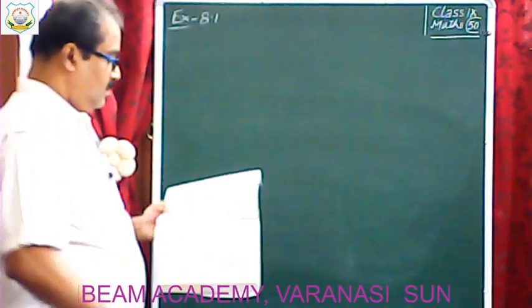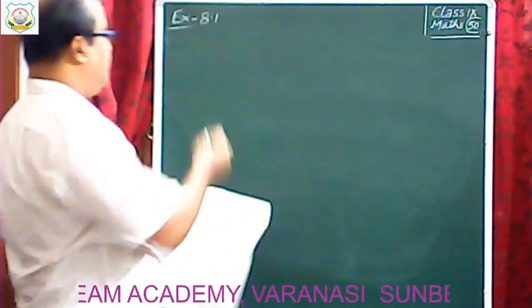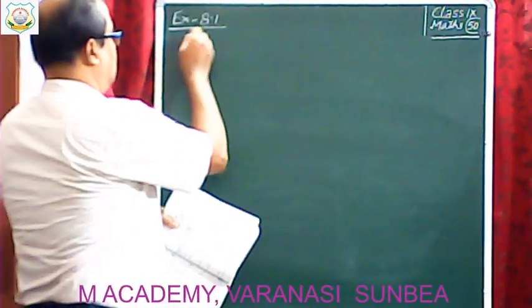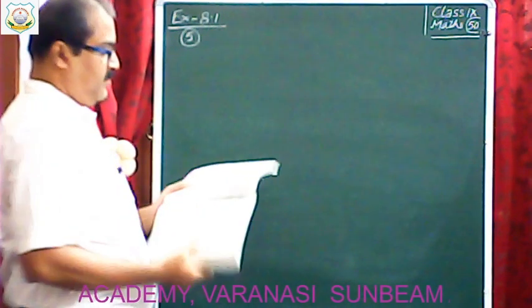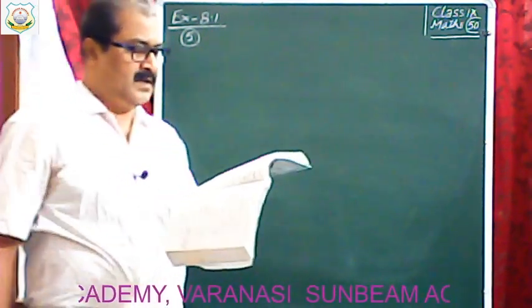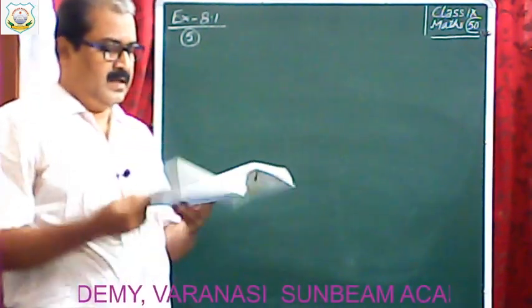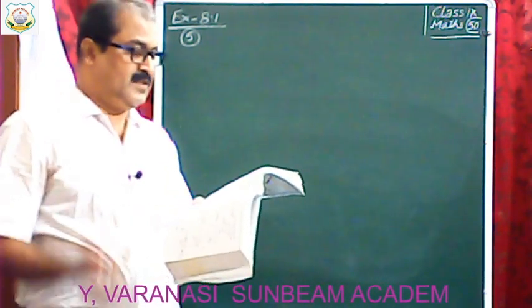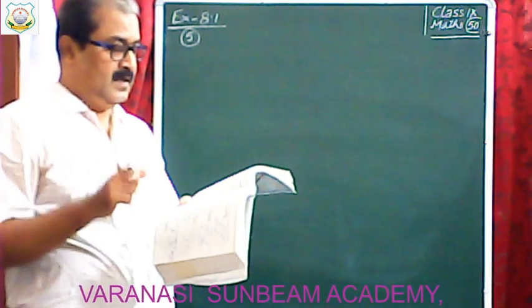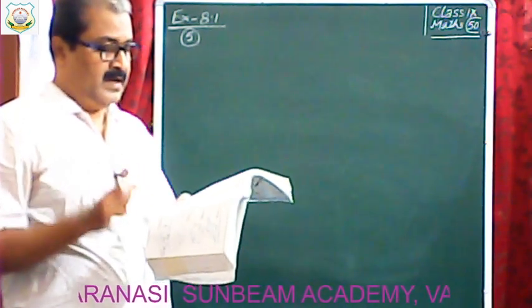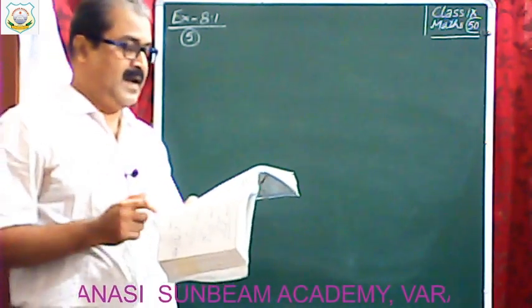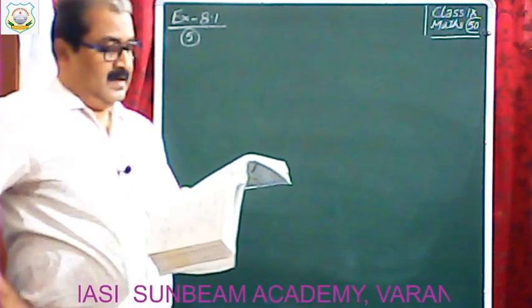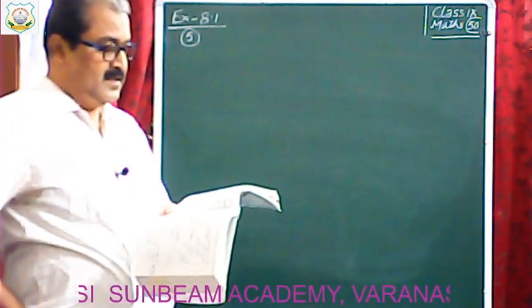Question number 5. Show that if the diagonals of a quadrilateral are equal and bisect each other at right angles, then it is a square.